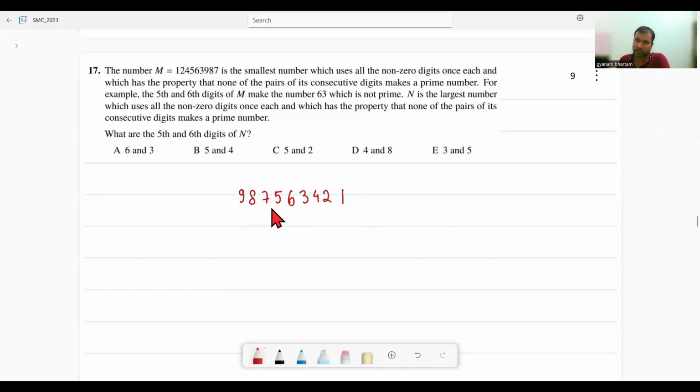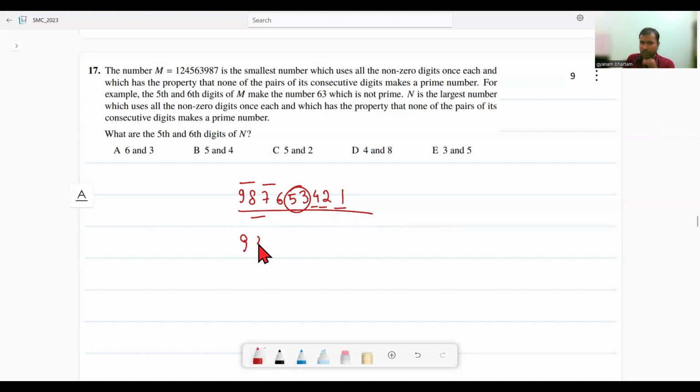The problem is 53. The highest number would be 9, 8, 7, 6, 5, 4, 3. 98 is correct, 87 is correct, 76 is also divisible, 53 is a prime number, while 34, 42, 21 will also work.